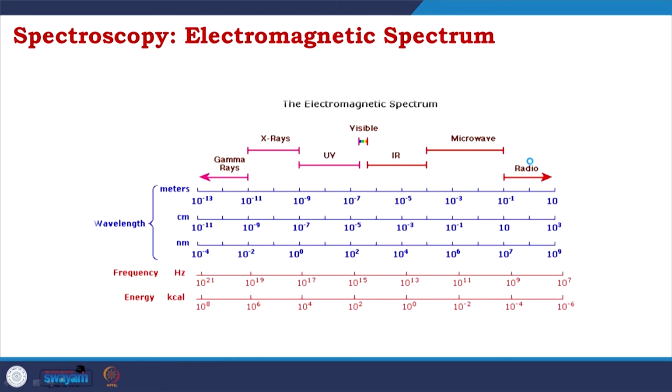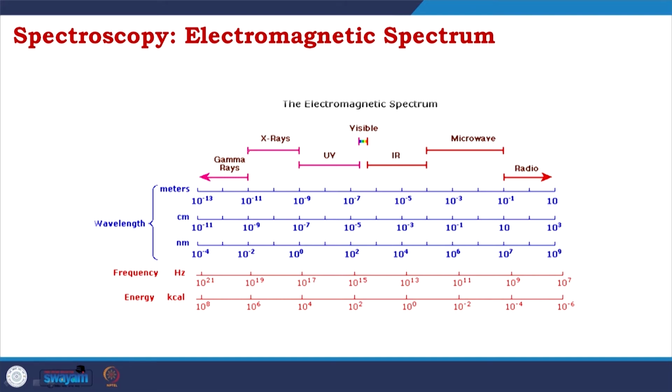This is called the electromagnetic spectrum, where you see the different rays and where they are. Gamma rays in nanometer are 10 to the power minus 4 to 10 to the power minus 2; in centimeter 10 to the power minus 11 to 10 to the power minus 9; in meters 10 to the power minus 13 to 10 to the power minus 11.